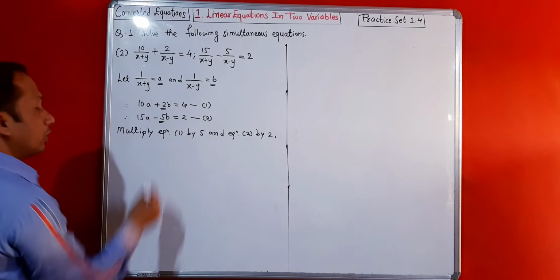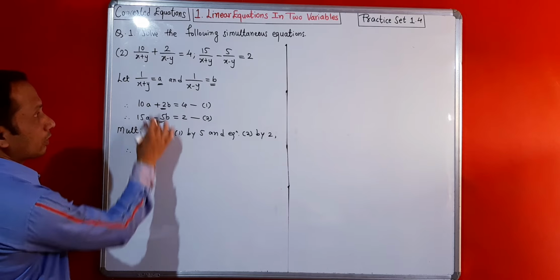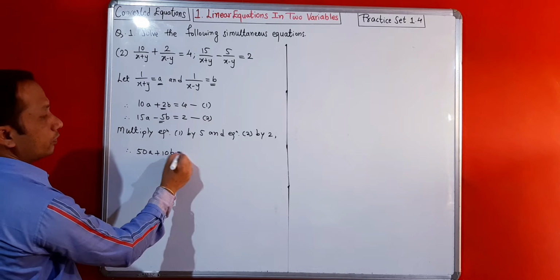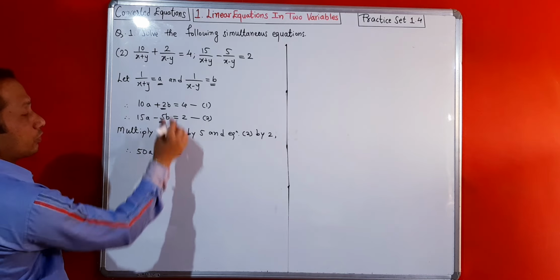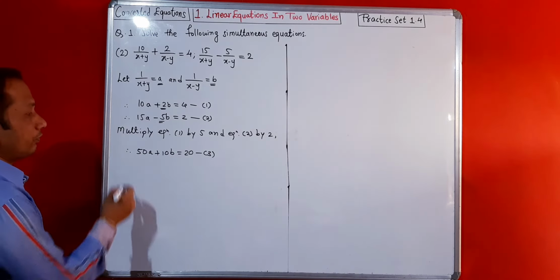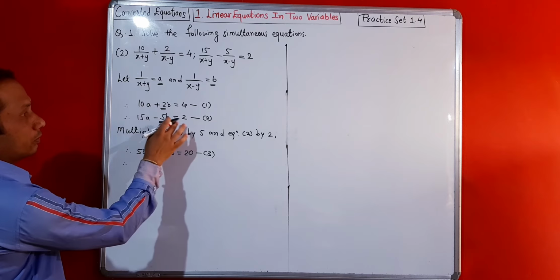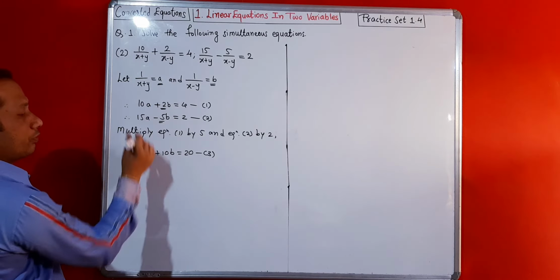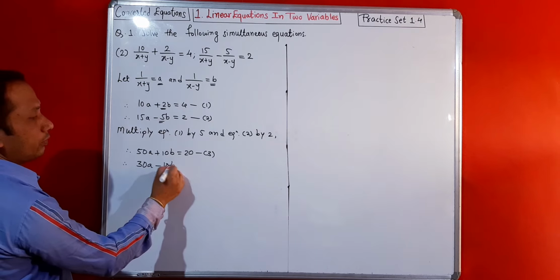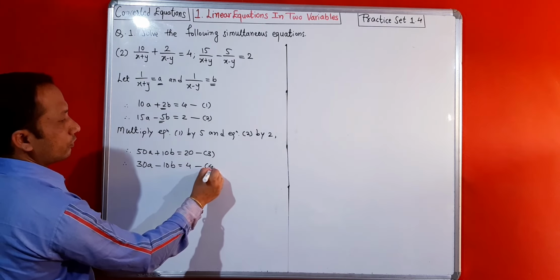First multiply by 5, so it is 50a plus 10b is equal to 20. This is equation number 3. Now multiply by 2: 30a minus 10b is equal to 4. This is equation 4.